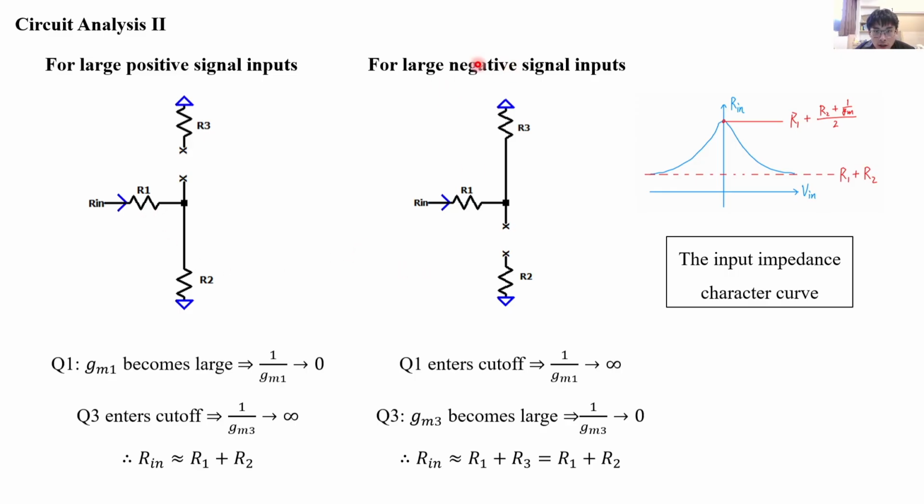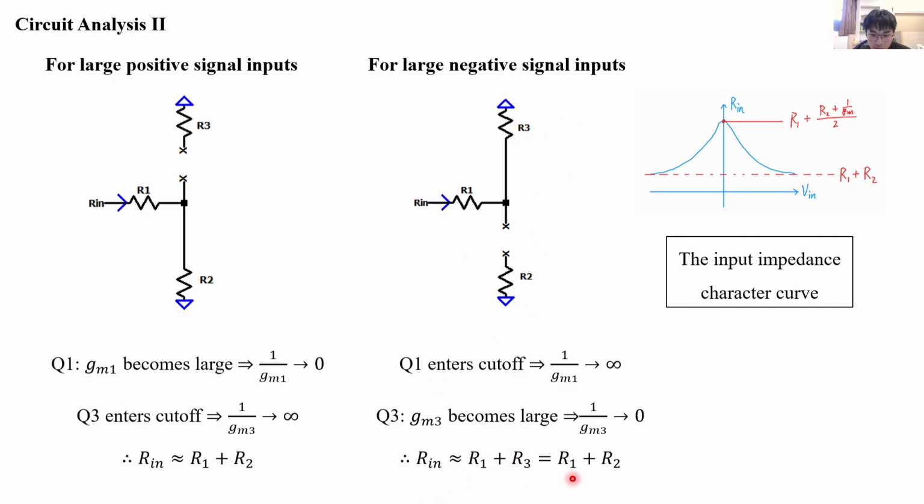For large negative signal input, Q1 enters cutoff, so 1 over GM1 goes to infinity, and Q3's GM3 becomes very large, so 1 over GM3 goes to 0, like a short circuit. So the input impedance approximately equals R1 plus R3, and since R3 equals R2, it is R1 plus R2.